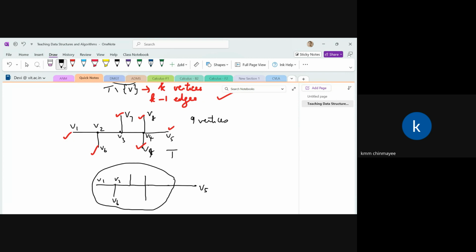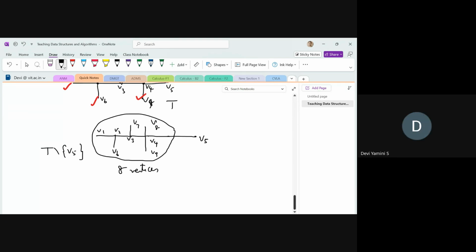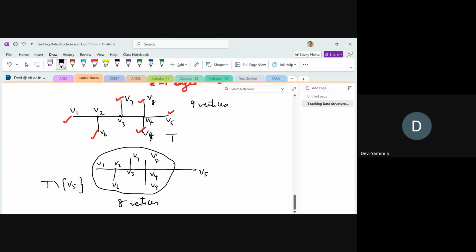Then V3, V7, V8, V4, and V9. Now, initially we had 9 vertices. After removing V5, T minus V5 has 8 vertices. By the induction hypothesis, this should have 7 edges. And when you add this edge, you get 8 edges.